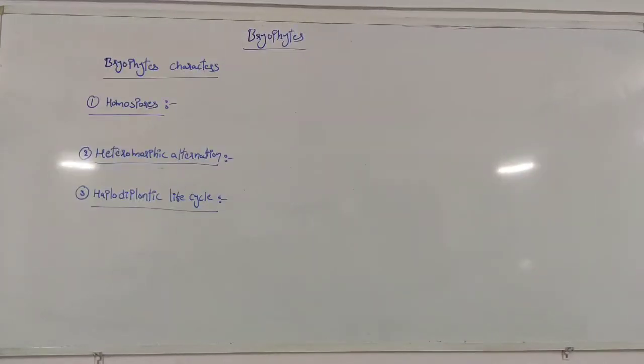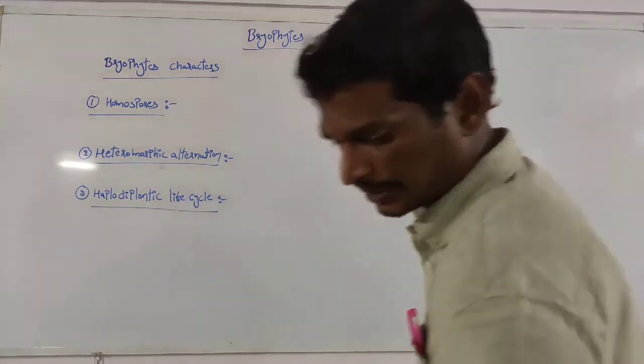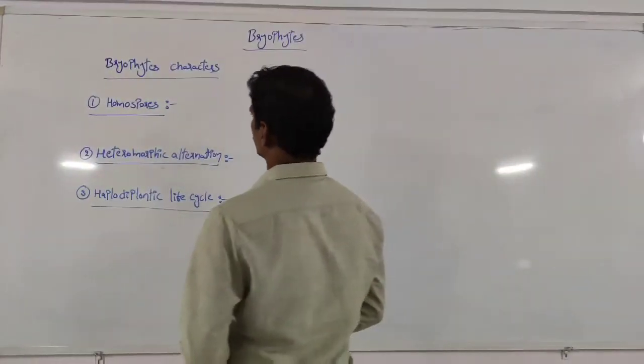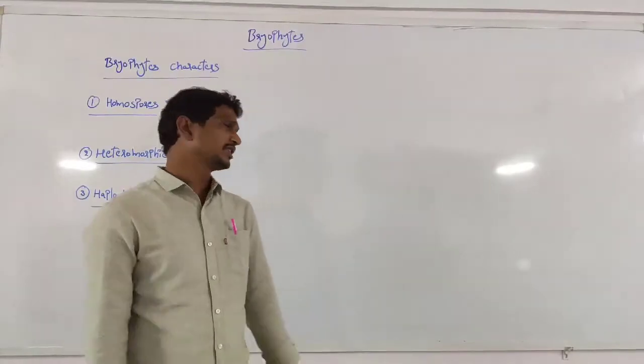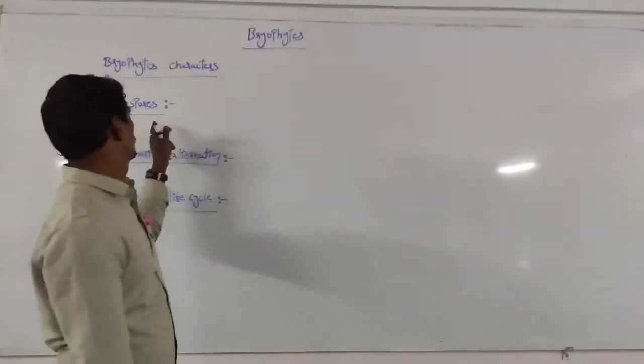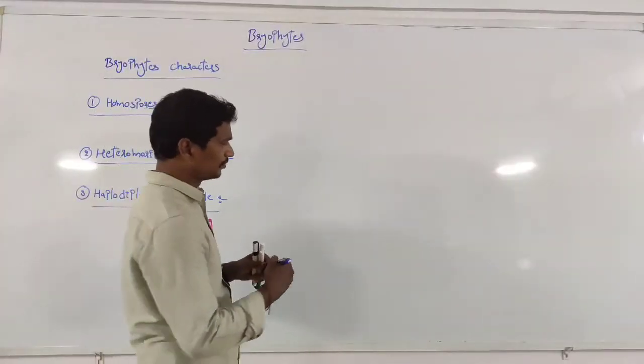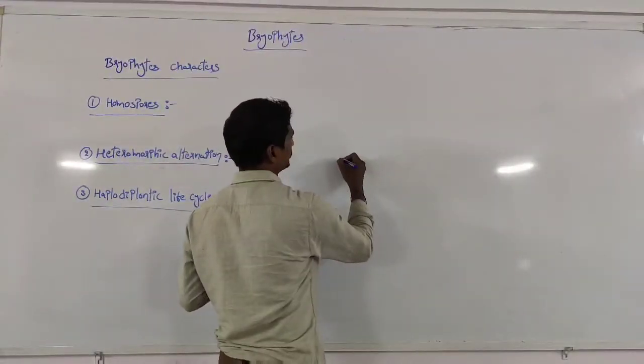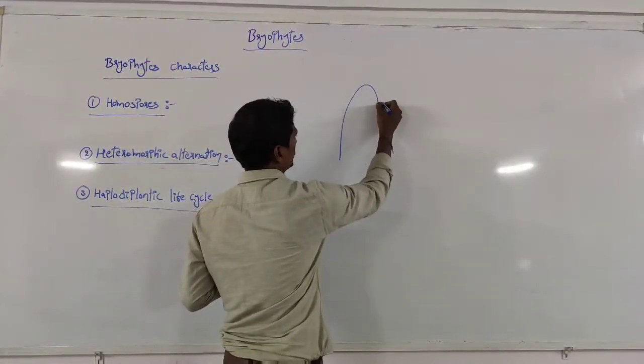These are the major bryophyte characters. The very first one is homospore production. We know about the sporophyte. This is one of the sporophytes.